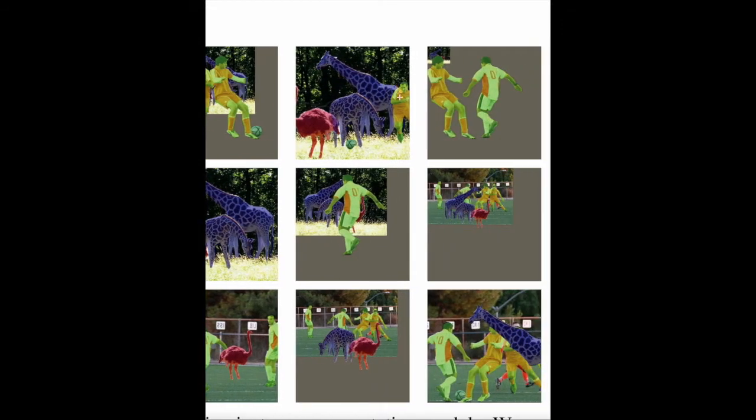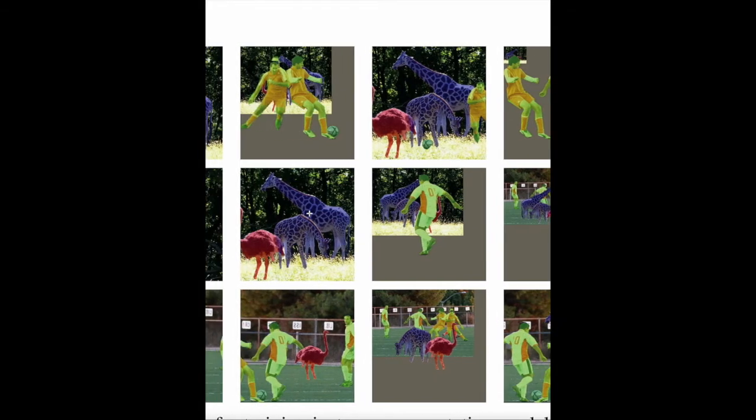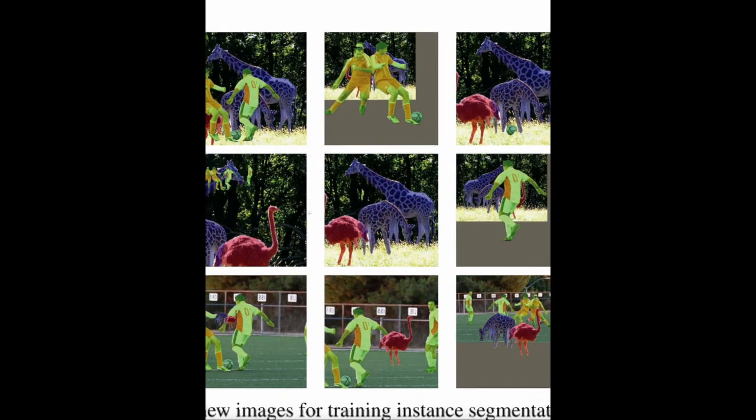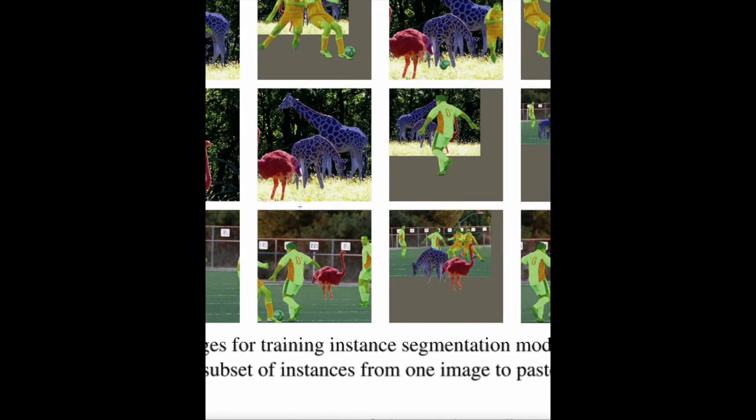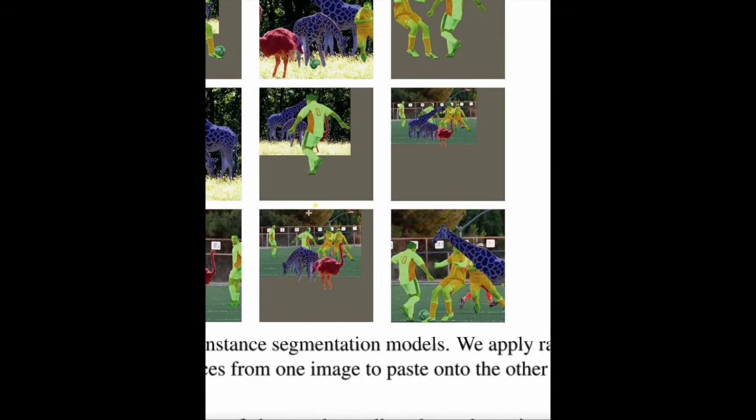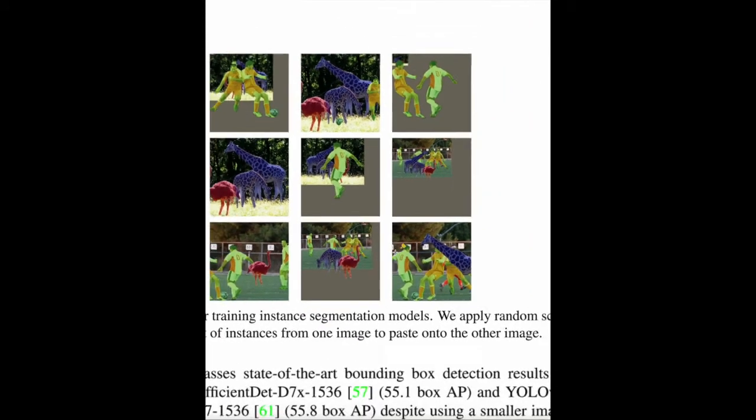When the scale is too big, they pad the rest of the image with gray. So you can see that this method is really simple. There's nothing special about it. They don't care if the content matches, if it makes sense. They simply copy and paste one thing on top of the other, and that's basically what happens.